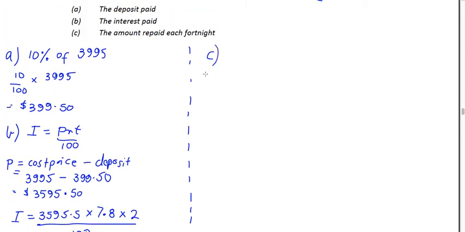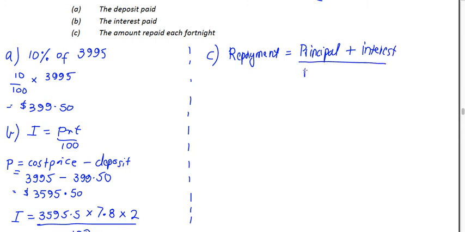The final question is asking us to find the amount that you need to repay. So recall from the previous page, where I took you through some of these formulas, that to get the amount of the repayment, I need to take the principal, so what's owed, and add the interest, and I need to divide that by the number of repayments.